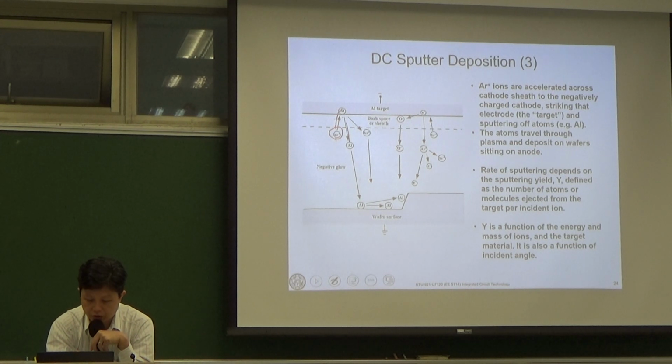We have aluminum coming down and depositing on top of the wafer surface. And because the sticking coefficient is less than 1, aluminum might move to other positions, rather than staying at the original position.